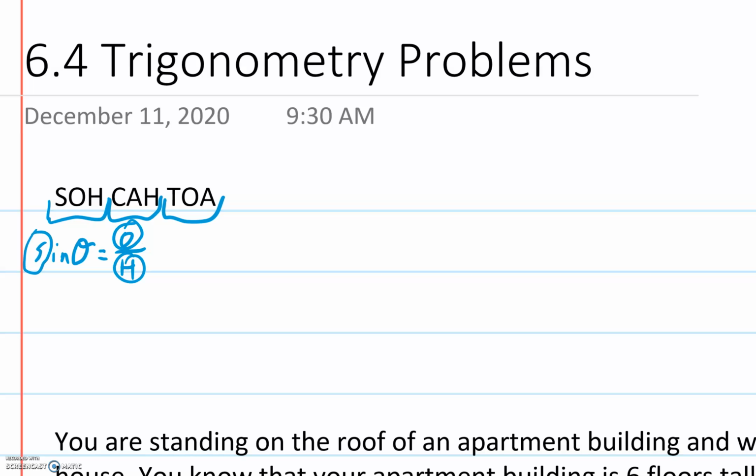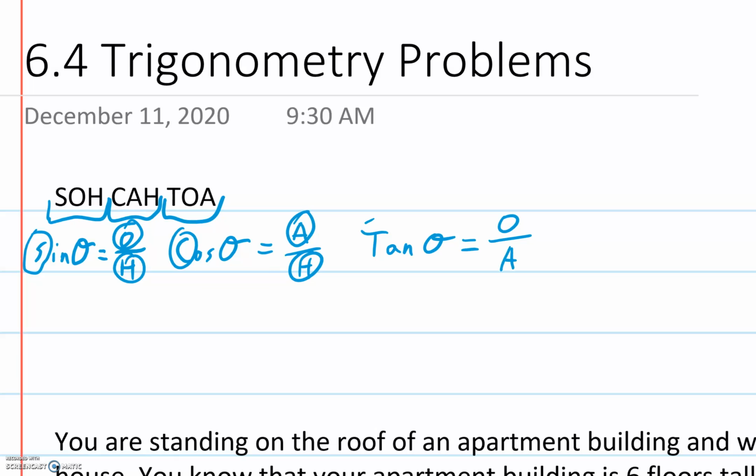S-O-H, so. And then next we've got cos of the angle equals adjacent over hypotenuse. C-A-H, ka. Then we have tan of the angle equals opposite over adjacent, and that's T-O-A, toa.